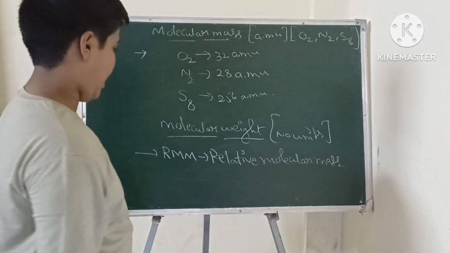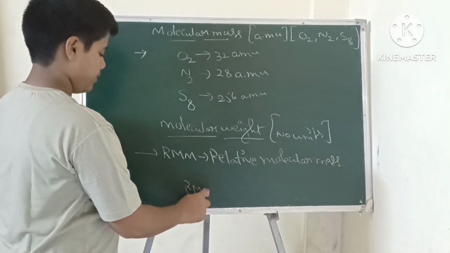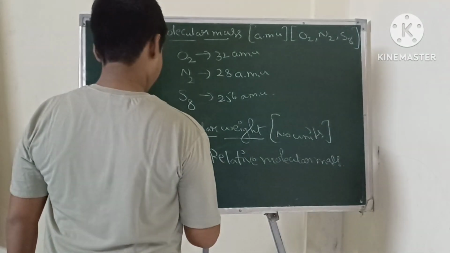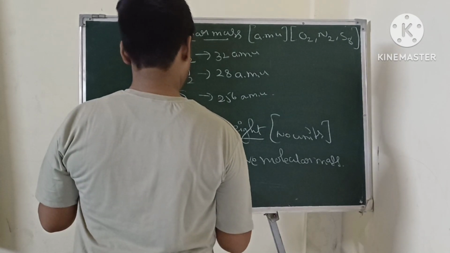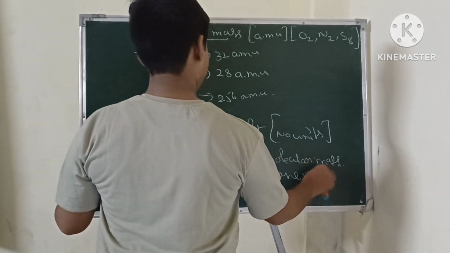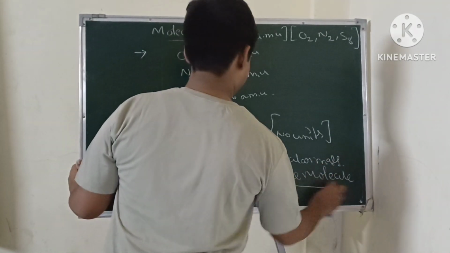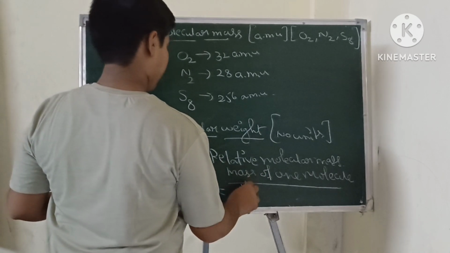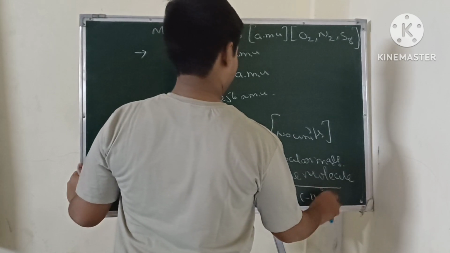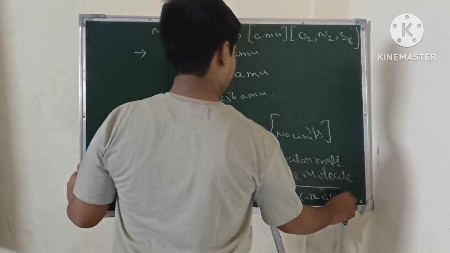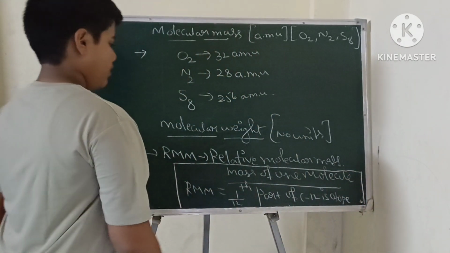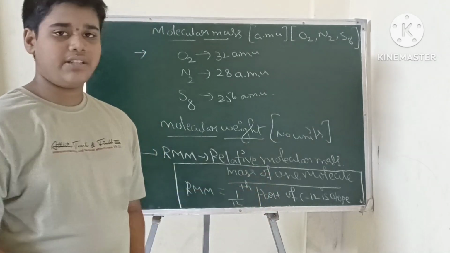RMM is nothing but the mass of one molecule by 1/12 part of the C12 isotope.